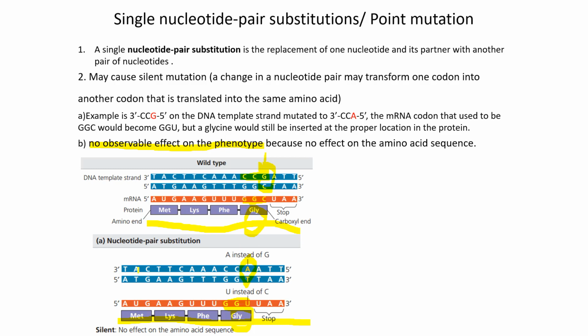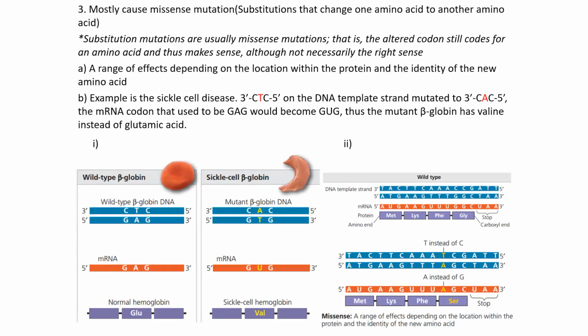All right, now what happens if the sequence of the amino acids here changes? Okay, let's proceed to the other example of point mutation. Okay, so we have covered silent mutation. Mostly, point mutation causes missense mutation. Missense: a substitution that changes one amino acid to another amino acid.